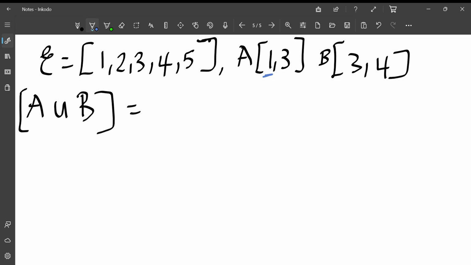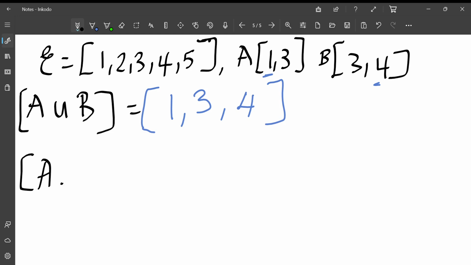I don't care if it's in B. As far as I can see it in A, I will write it. So the elements of A union B will include 1. Can I see 2 in any of them? No. But I can see 3. They both have 3, so I'll write 3, but just once. I don't need to write it twice. And then what else? I can see 4 in B, so I'm going to write 4. So the elements of A union B are 1, 3, 4. It's as simple as that.